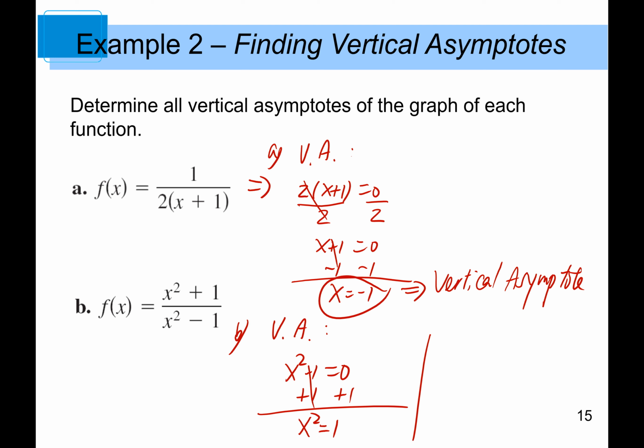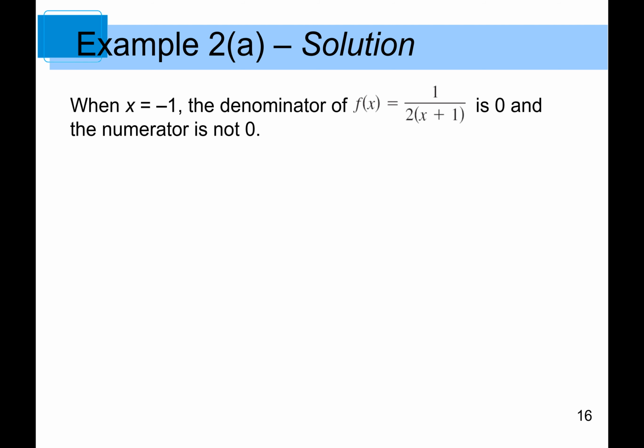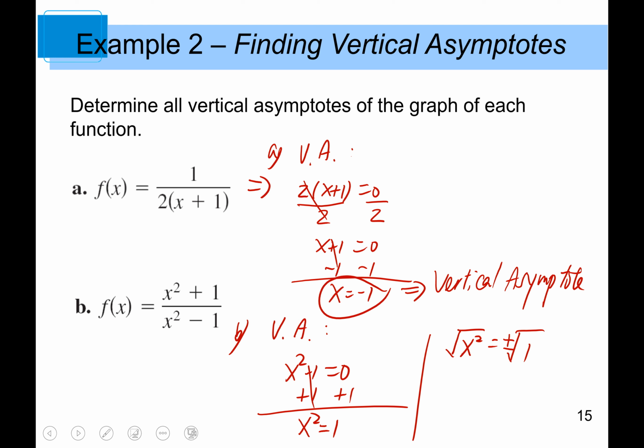Then we take the square root of both sides of the equation, and when you take the square root of both sides, you have to put positive and negative on the right hand side of the equation. So the square root of x squared becomes x, and we have plus or minus the square root of 1, which becomes 1. So x equals plus or minus 1, those are our vertical asymptotes.